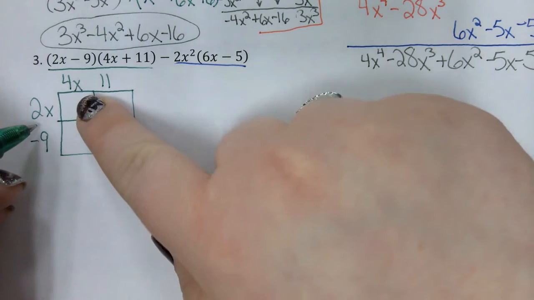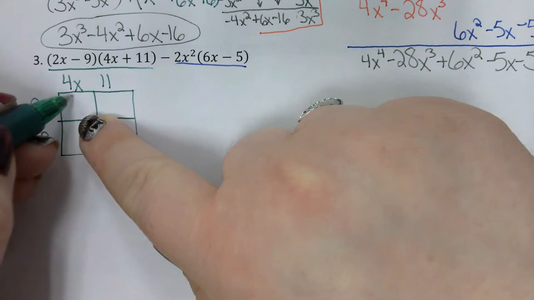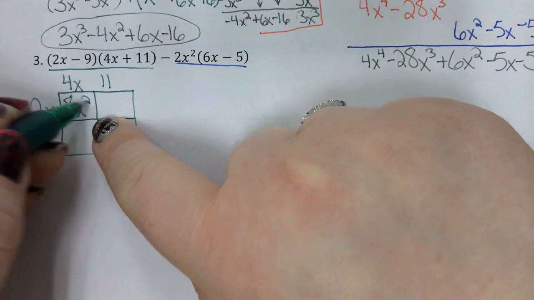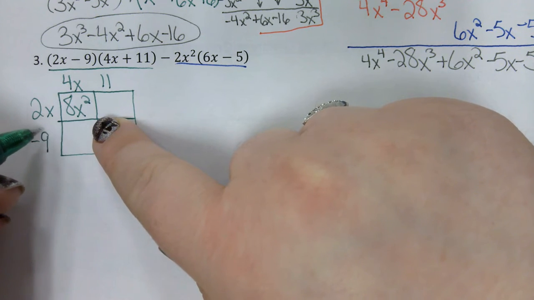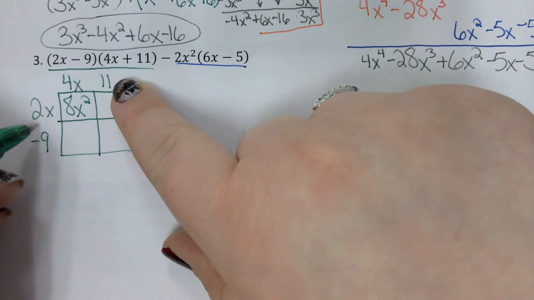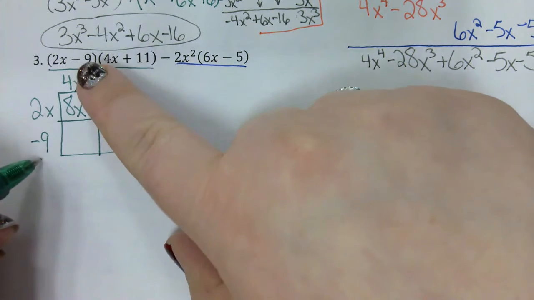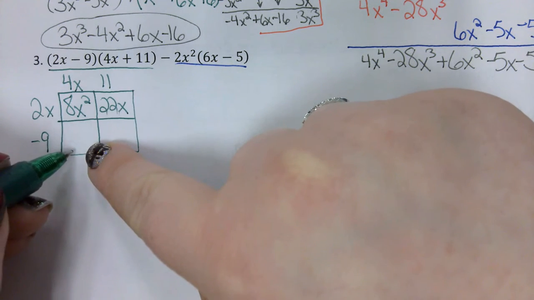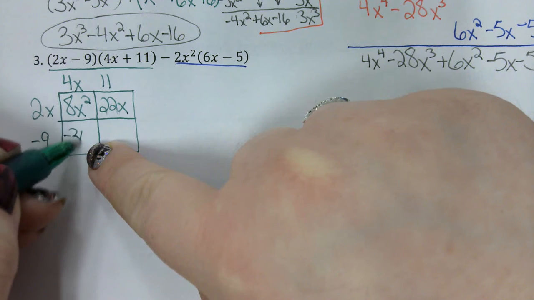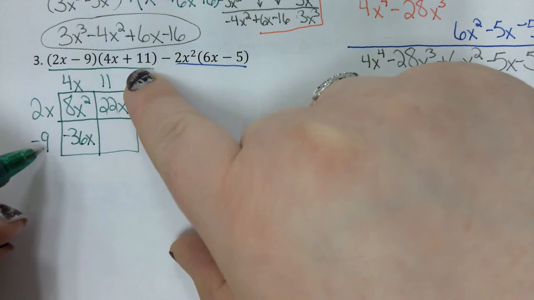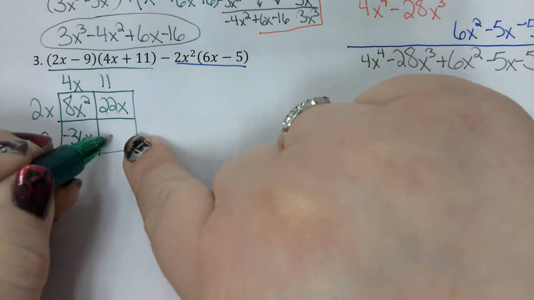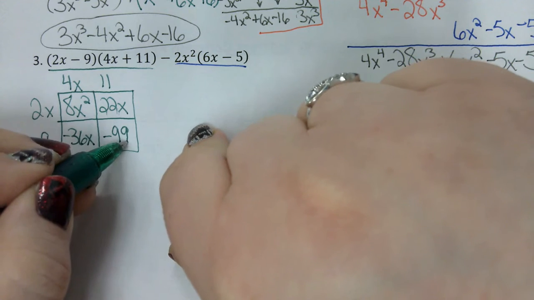So 4x times 2x gives me 8x squared, remember we add the exponents, multiply the coefficients. 11 times 2x, 22x. 4x times negative 9, negative 36x. And 11 times negative 9, negative 99.